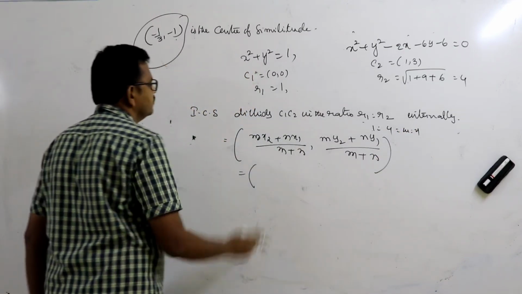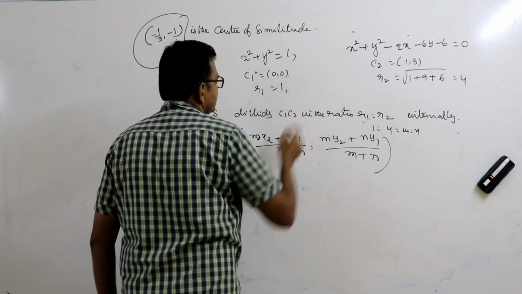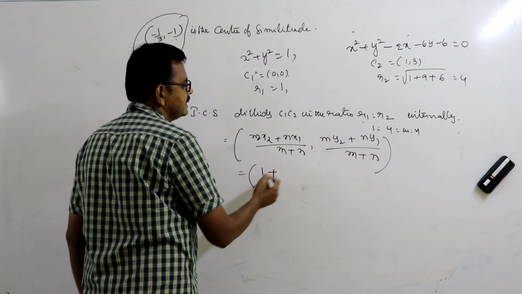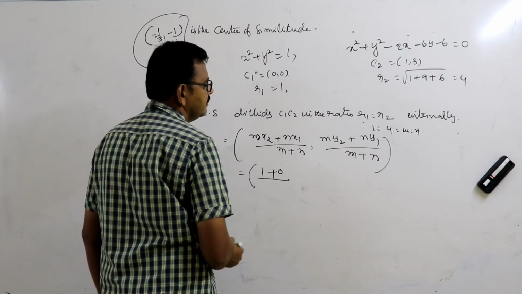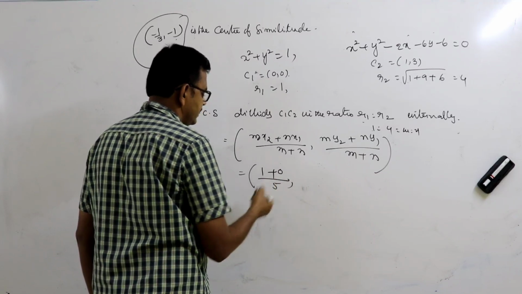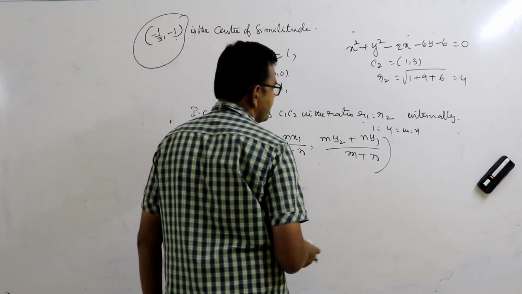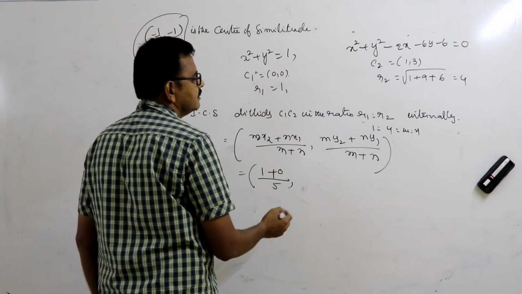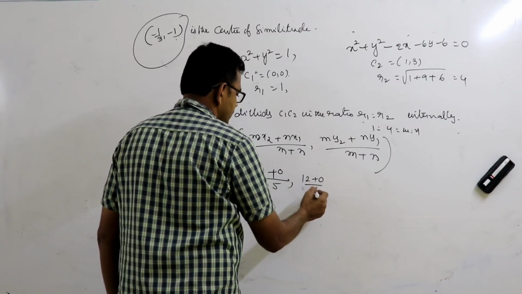Now the point is (mx2 plus nx1) by (m plus n) and (my2 plus ny1) by (m plus n), with x1 y1 and x2 y2. So mx2 is 1 plus nx1 is 0, by m plus n, so this is 1 by 5, and my2 is 12 plus 0 by 5.